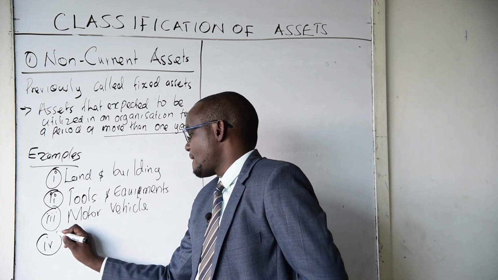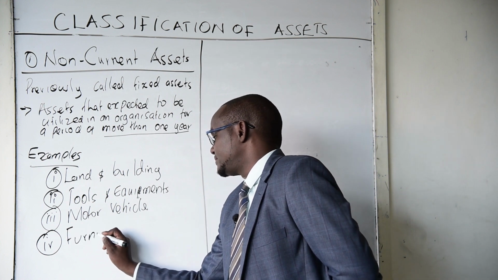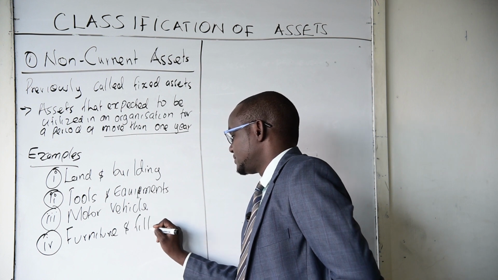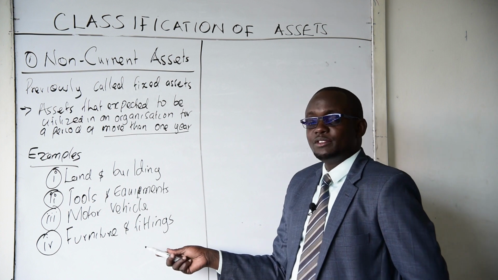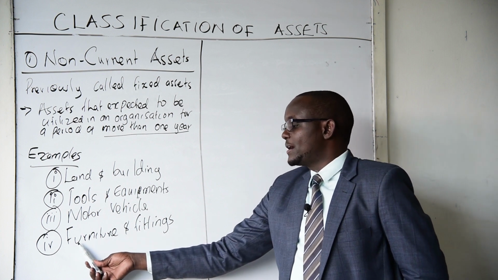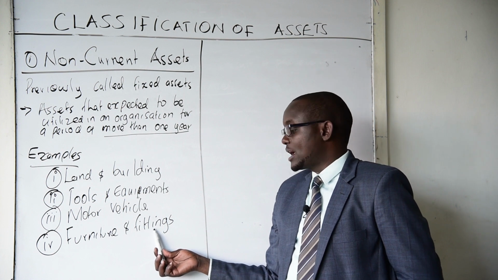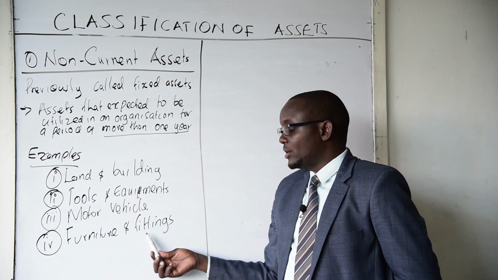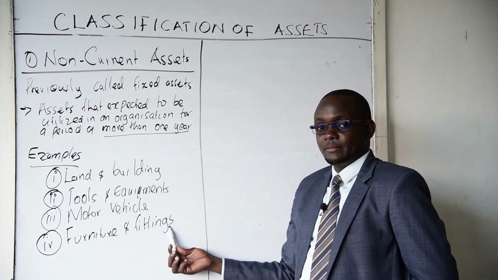Number 4, we have furniture and fittings. We use the name furniture and fittings because at times, if you have a furniture like a door, the door cannot exist without a door handle or a lock. The lock itself is metallic, it's not furniture. So the lock is a fitting.